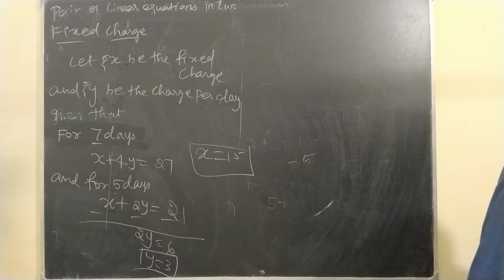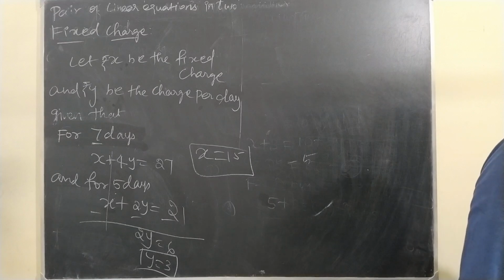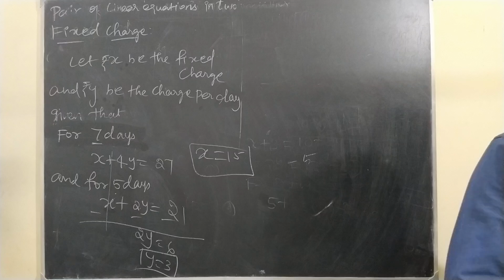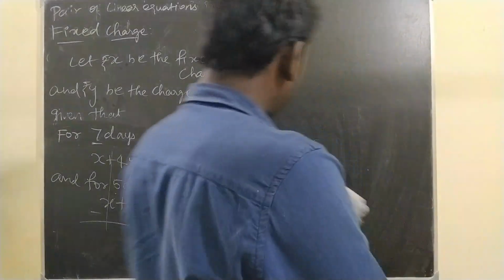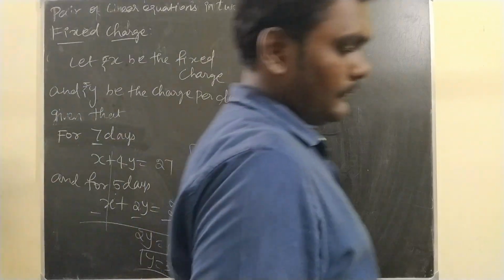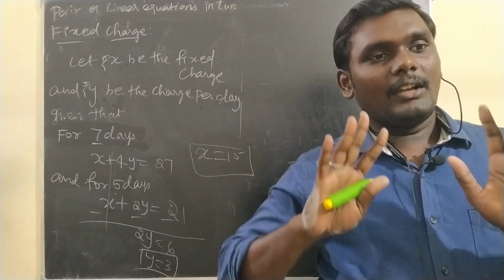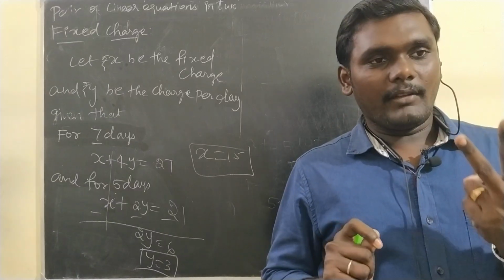Okay, now see the next question. Meena went to a bank to withdraw. Whenever there are money related or value related things, there will always be two types of equations.